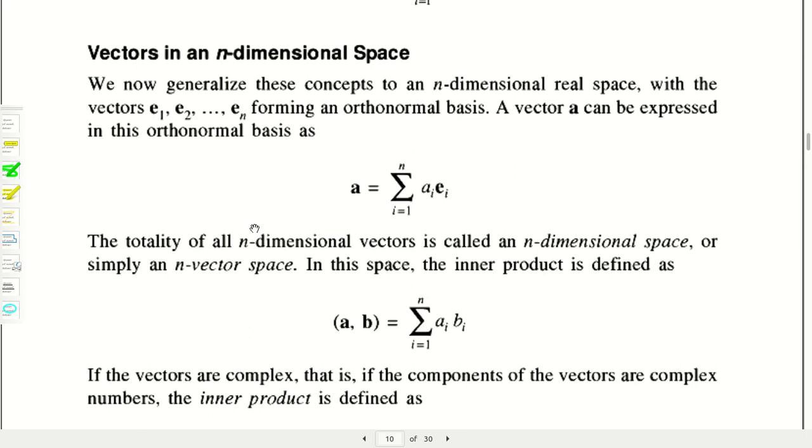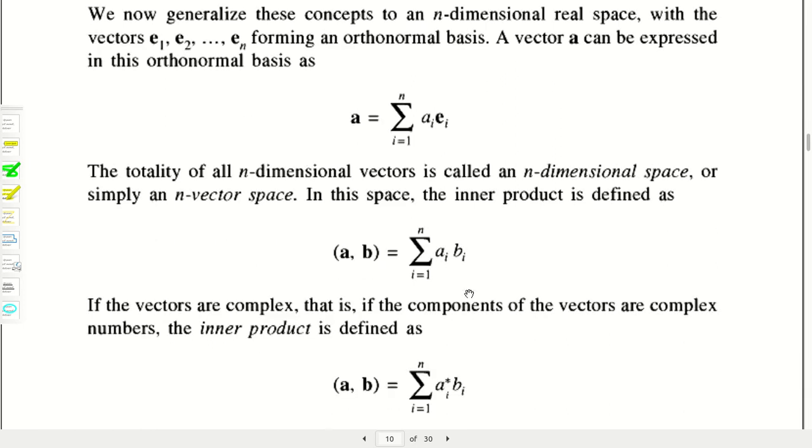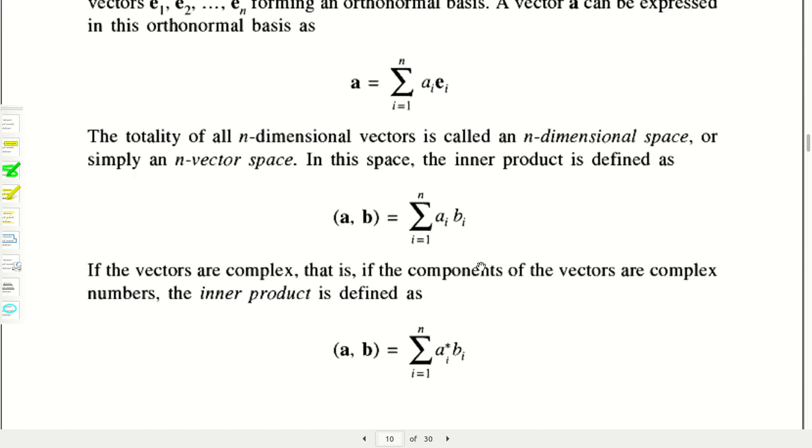And now another vector b in that n-dimensional vector space, then a comma b, that is the inner product, the scalar product between a and b, will be the sum over ai bi. It is written by comparison to the 3-dimensional vector space. That means we are using the 3-dimensional result in the n-dimensional vector space.